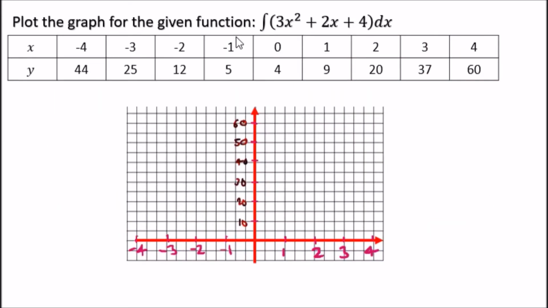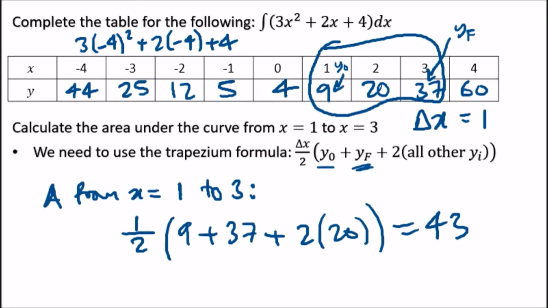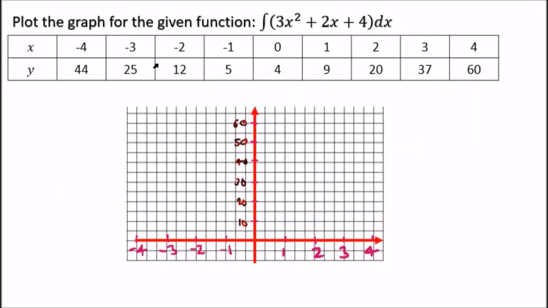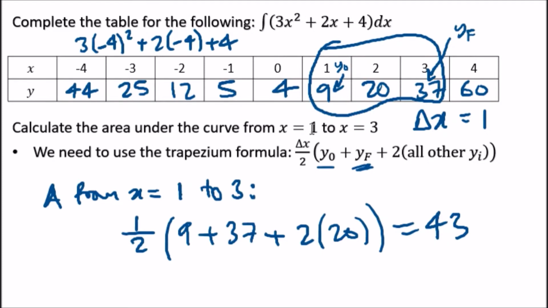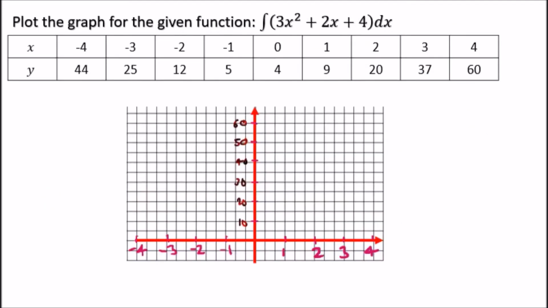Okay, now let's have a go at plotting the graph for the given function. So we've got the same points from the previous one, so we're still carrying on this question. Now, just plotting this is dead easy, and then we need to show where the area under the curve is, which is between x equals 1 and x equals 3. First, let's look at the coordinates.